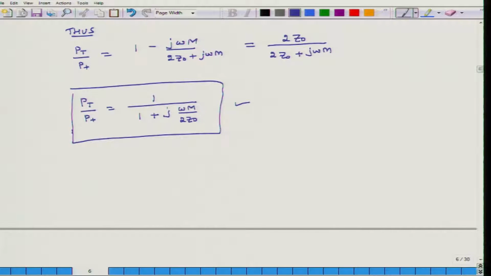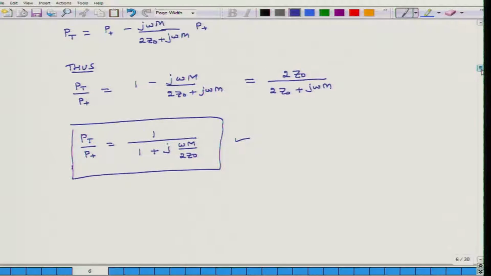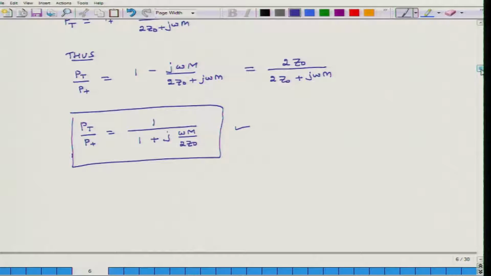So, what does this say? What this equation tells us is that, consider the fact that there is a wall with a fixed value of m, and if omega is extremely low, suppose omega is theoretically, let us say it is 0 hertz.